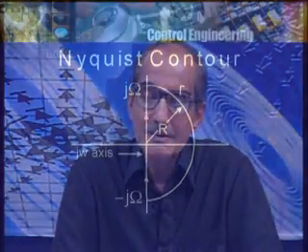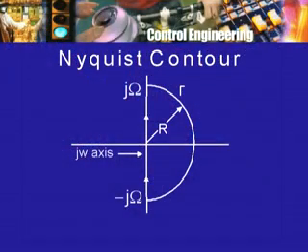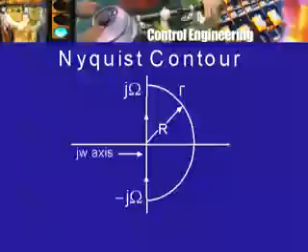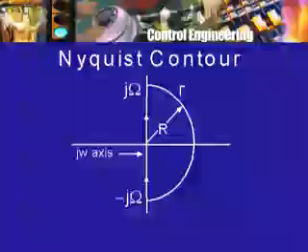Now we have chosen this as our contour. So what is the reason and what is the effect of this? If the function f has any poles or zeros in the right half plane, then if R is large enough, they will be enclosed by this contour gamma, and we do not want to miss out any poles or zeros of f which may be in the right half plane, and this is the reason why we have to consider this contour as sufficiently large.